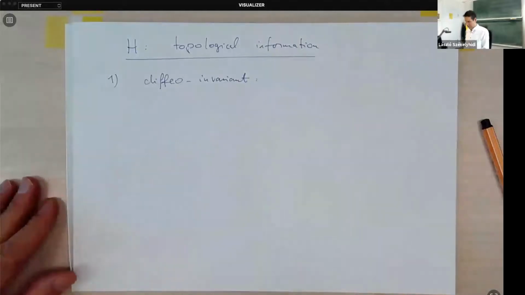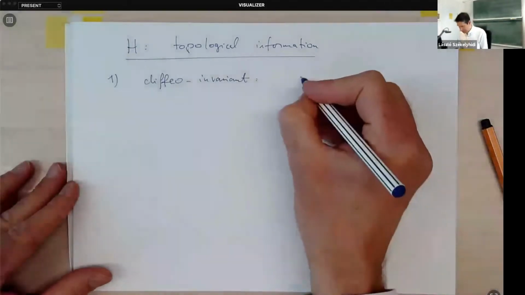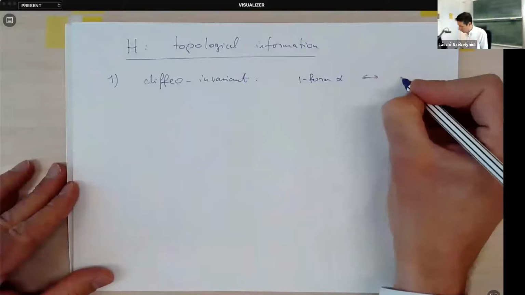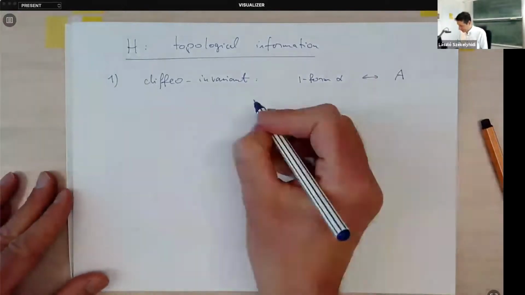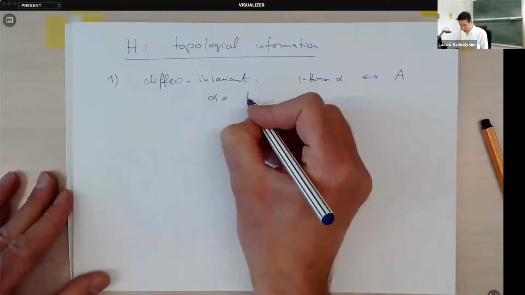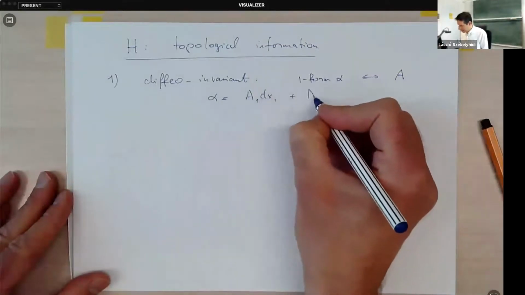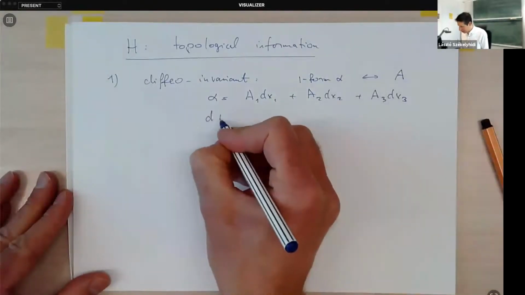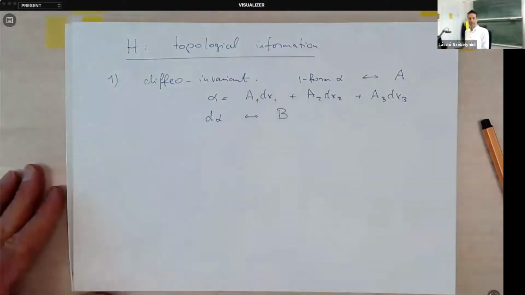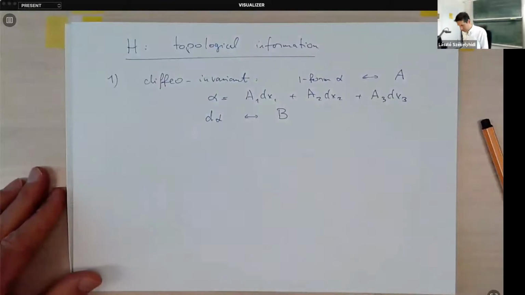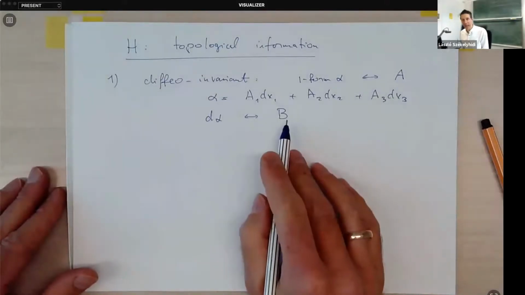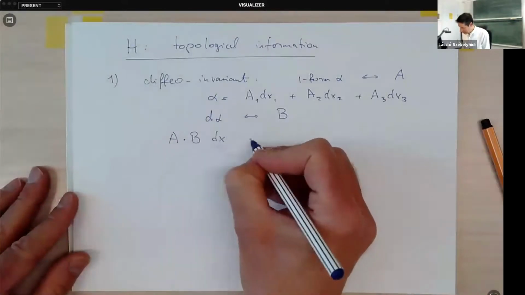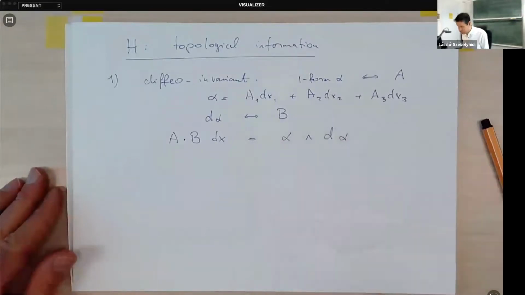The way to see this is that if you take the potential one-form alpha for the magnetic potential A, in the sense that alpha is equal to A1 dx1 plus A2 dx2 plus A3 dx3, then d alpha is basically B. So it corresponds to a 2-form with entries which are given by the entries of B, and the scalar product A times B dx is nothing else but alpha wedge d alpha.